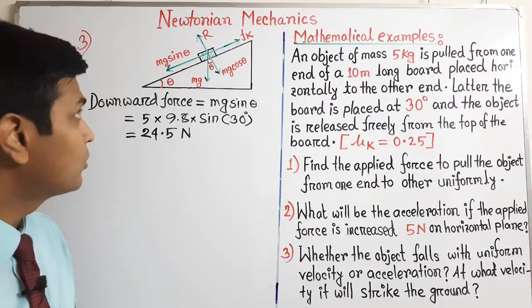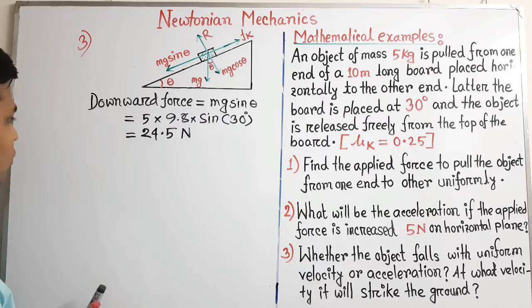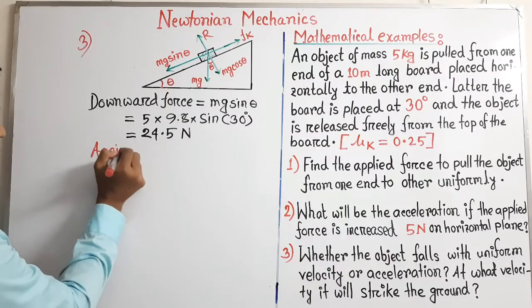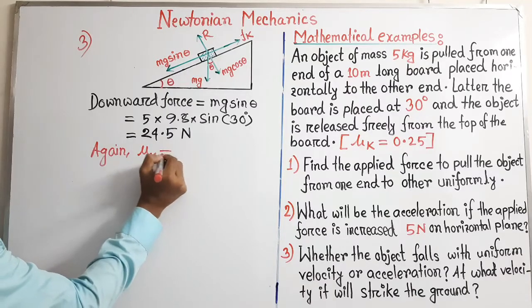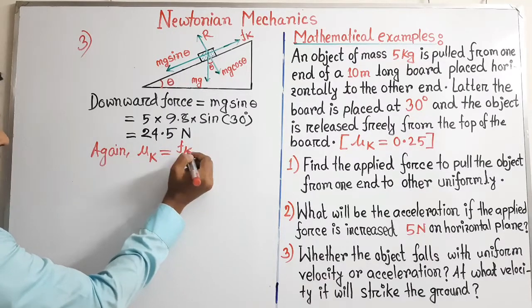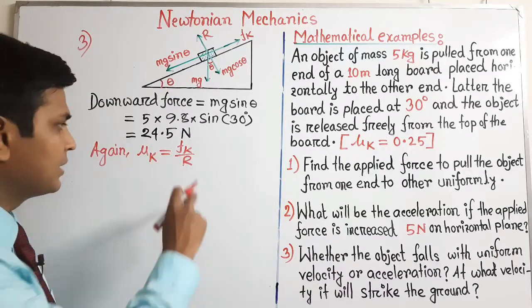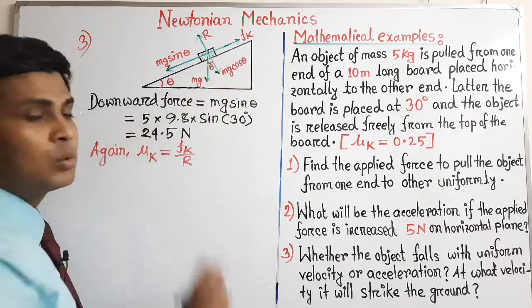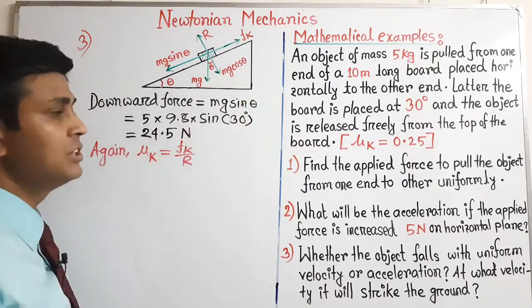Now let's calculate the frictional force, and we know the formula to calculate the coefficient of friction: mu k equals Fk divided by R. Here R is the reaction force, and this reaction force is equal to the component of the weight, which is mg cos theta.